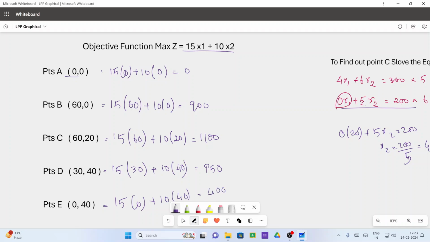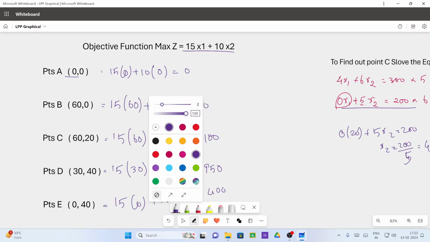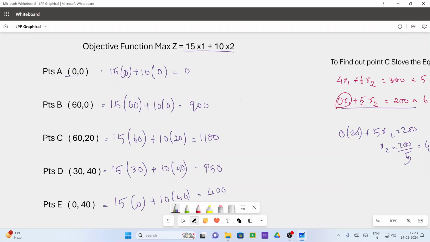Now we need to find out the objective function. The objective function here is maximum z. The values are 0, 900, 1100, 950 and 400. Among these values the maximum value is 1100.